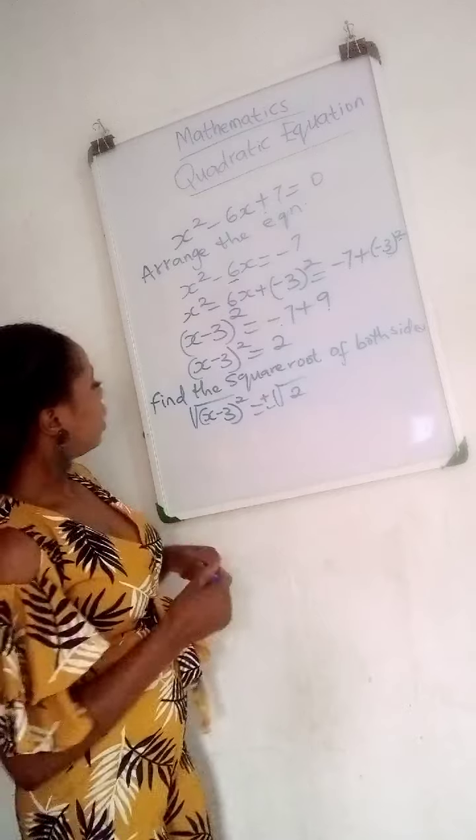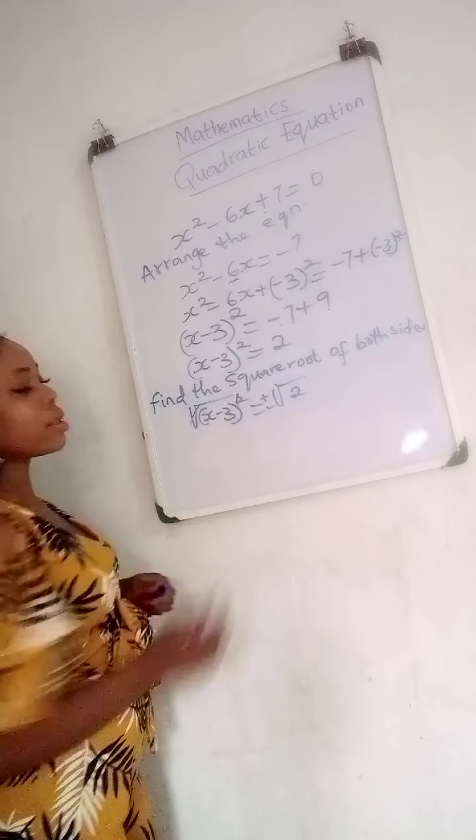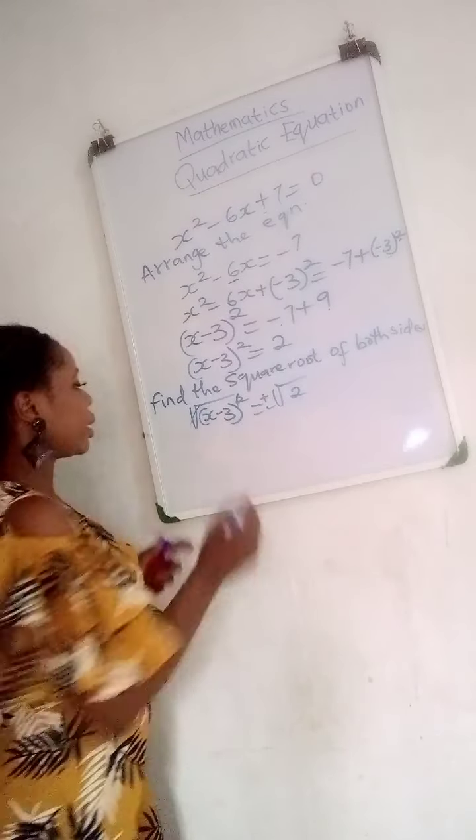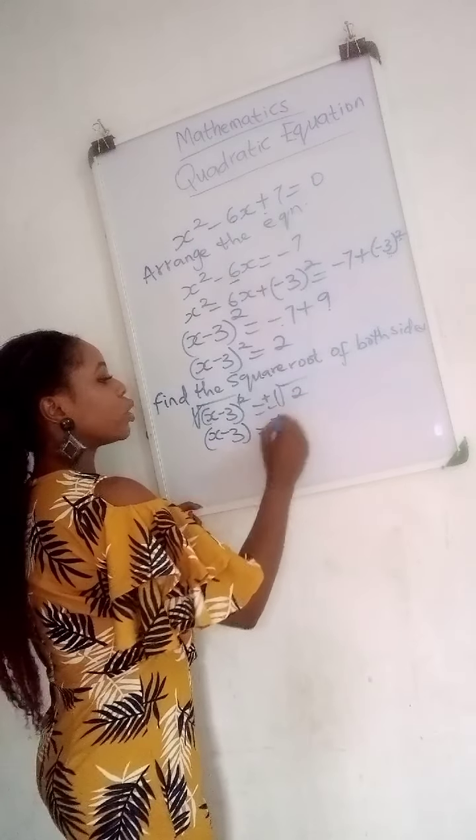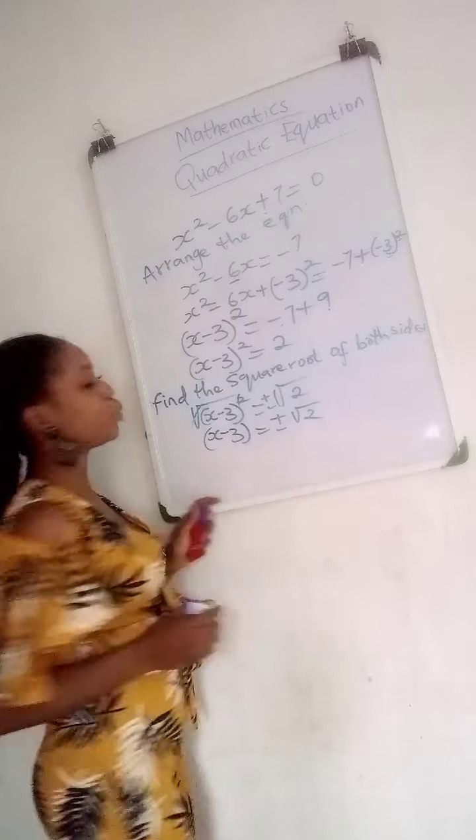Remember, I said the square root, of course, is going to cancel this square. So we are now left with x minus 3 equal to plus or minus the square root of 2.